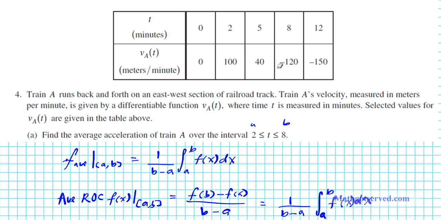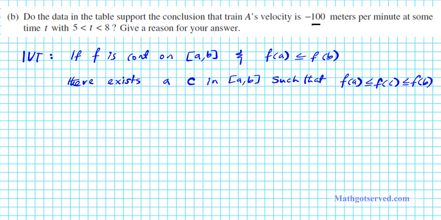So there has to be a C between 5 and 8 where the output value is going to be negative 100. All right, so let's go ahead and apply that here. The question asks if the table supports the conclusion that there is a t where the velocity is negative 100.